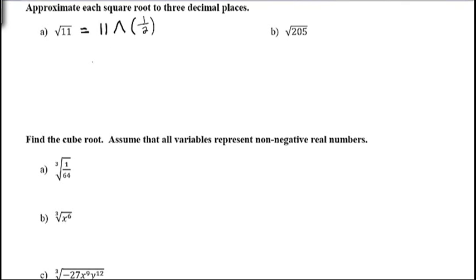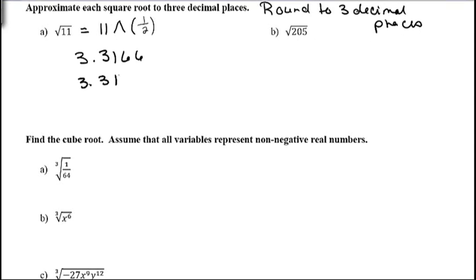So let's find the square root of 11, and we'll round to 3 decimal places. And so when you do that, you should get 3.3166. And so that would round to 3.317.